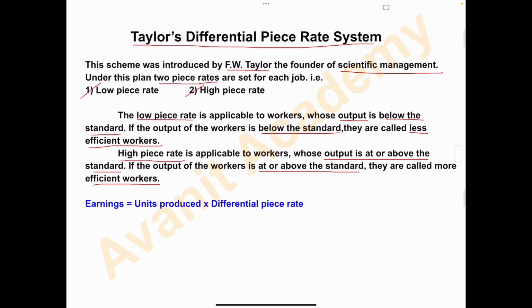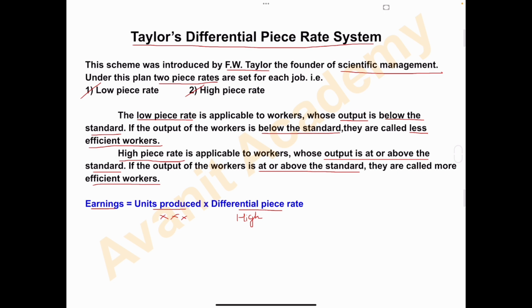So under this Taylor differential piece rate system, to find out the earnings of the workers, the formula is earnings is equal to units produced into differential piece rate. Whatever units or output they produced, we take that, and according to their performance, if they have performed well, that is according to the standard, then we have to apply the high piece rate here.